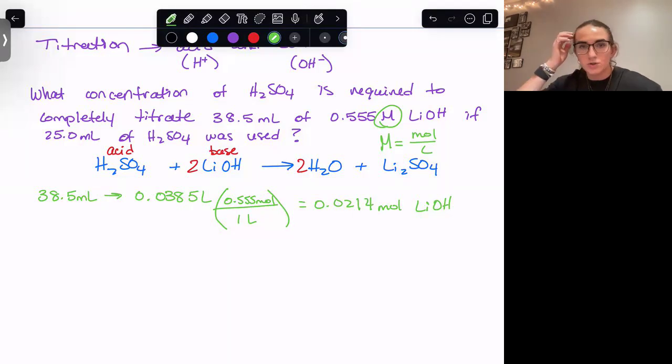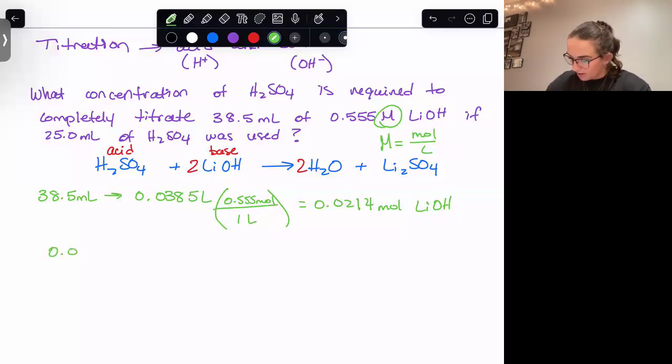And we knew which milliliter to use first because we are completely titrating 38.5 milliliters of that concentrated lithium hydroxide, and we used 25.0 milliliters of H2SO4 to completely titrate it. It's poorly worded. It will make more sense on the exam. I'm just coming up with this off the dome. So apologies if that was confusing, but we're using 38.5 milliliters of lithium hydroxide, which is why those go together.